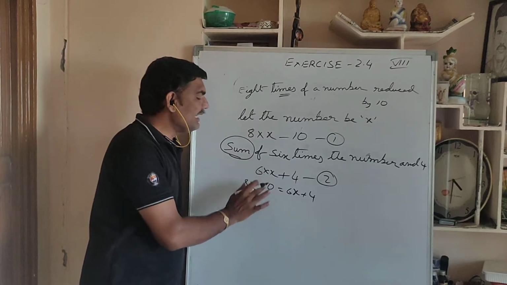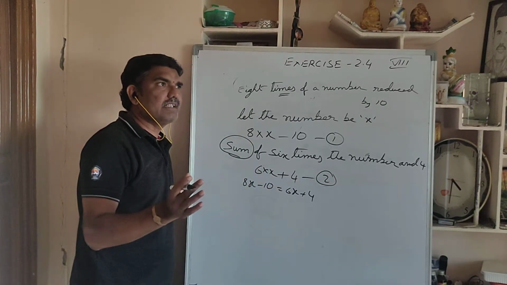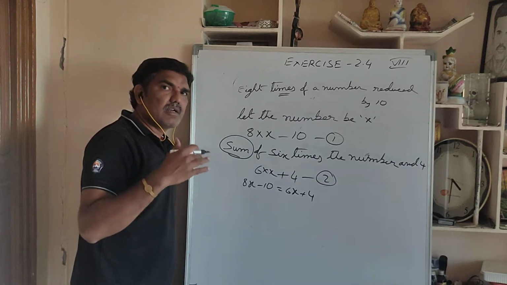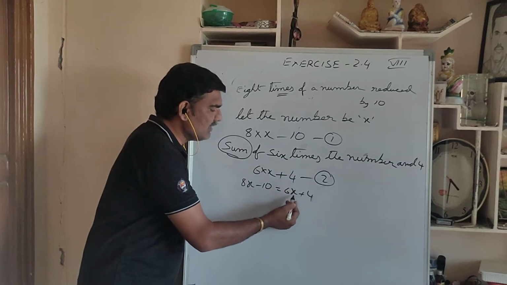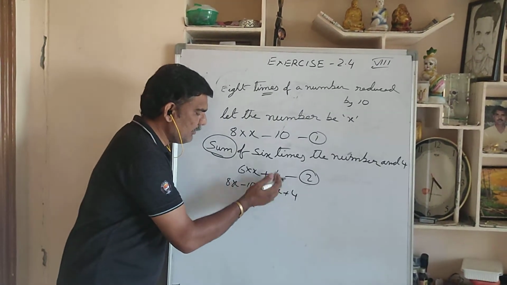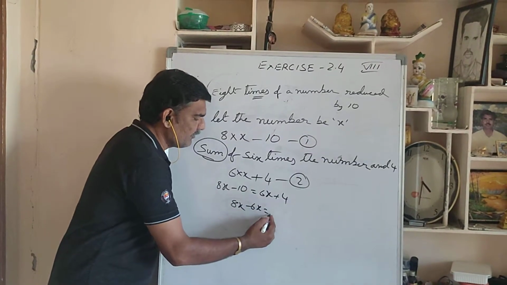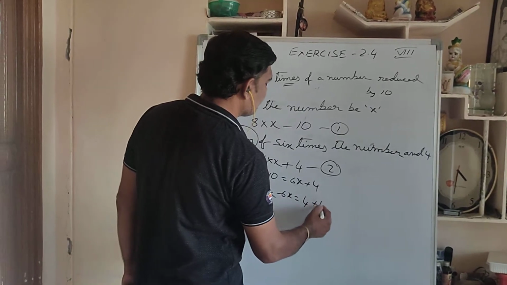These two are equal. Now what you have to do? Same thing as I said: variables to one side, constants to one side. 8x is a variable, 6x is also a variable. So 8x I am keeping here, plus 6x I am taking to this side, minus 6x. And here 4 is already there, minus 10 I am taking to this side, plus 10.